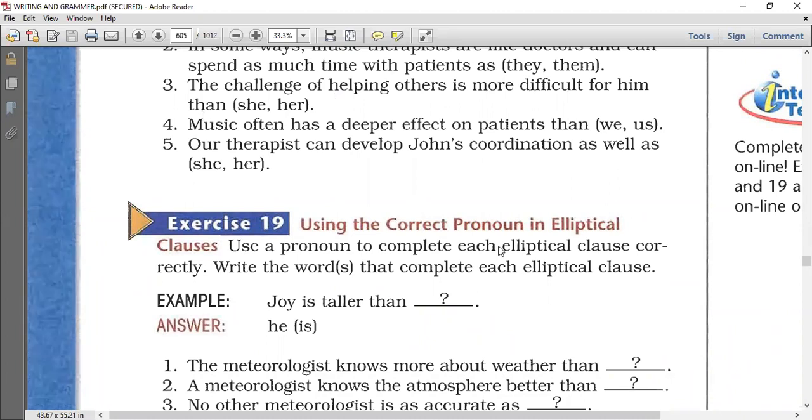The challenge of helping others is more difficult for him than. We have Kiara. The challenge of helping others is more difficult for him than. Okay, take your time, no problem. Ryan, can you do it?